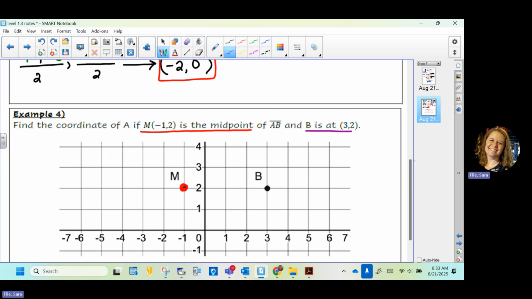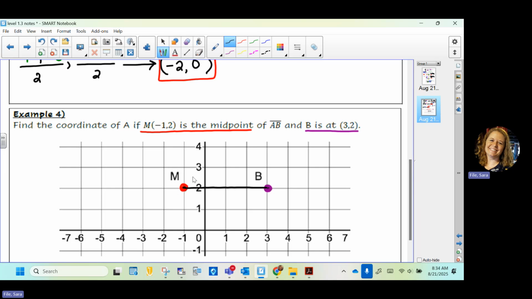Okay, so B is at 3, 2, and it's already labeled. So they're telling us that this is half the segment. So where do I go to get the other half? I'm not looking for the half of this. Okay, AB is the segment, M is the midpoint.